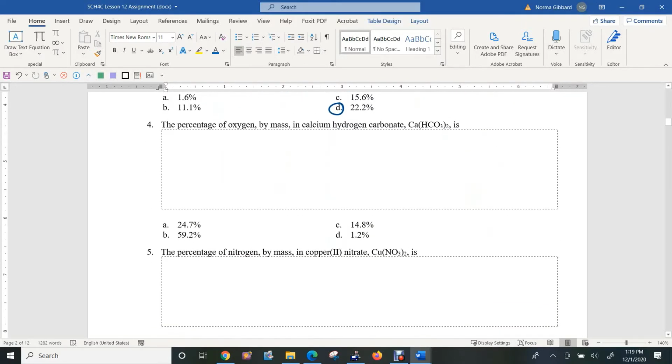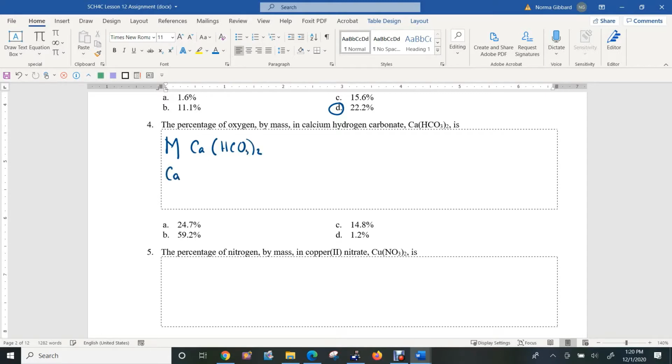Now, number 4. The percentage of oxygen by mass in calcium hydrogen carbonate, Ca(HCO3)2, is... Now, again, we will start by determining the molar mass of Ca(HCO3)2.